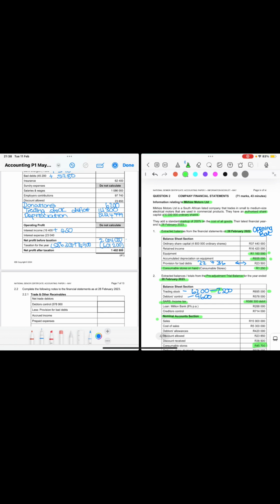Okay, let's check if there are any adjustments to be made with that. So we have a loan at Million Bank, which charges interest of 8% per annum, and this is the balance. So we take the 288,000, multiply that by 8%, and you should get 23,040, which is what we have here.